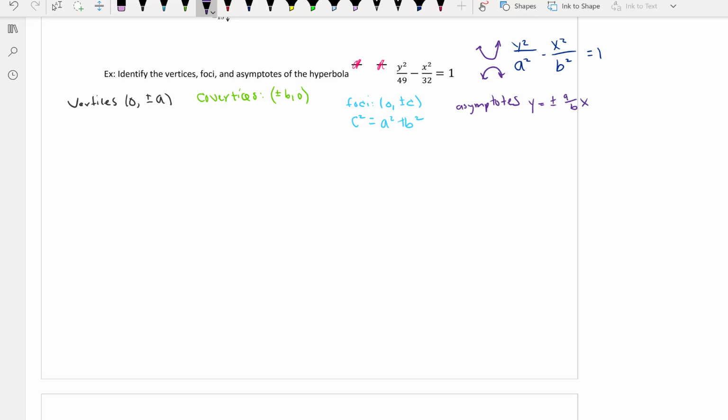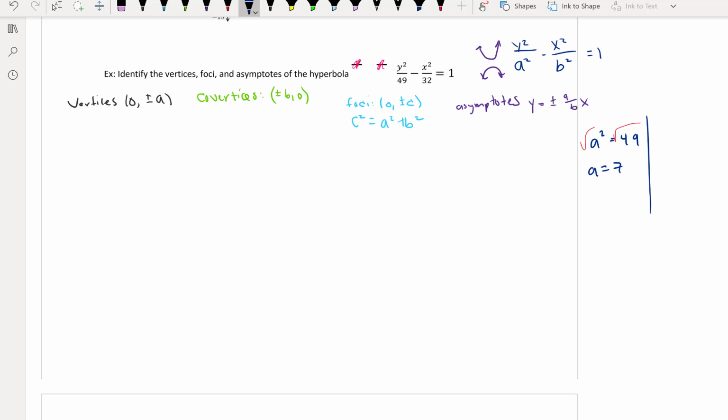Since the y squared comes first, the denominator on the y squared is my a squared. So my a squared is equal to 49. If I were to square root both sides, I would get that my a is equal to 7.